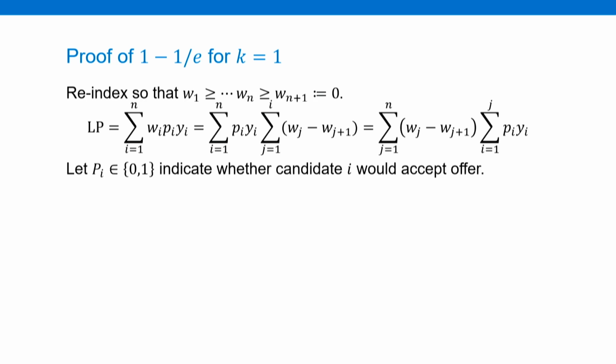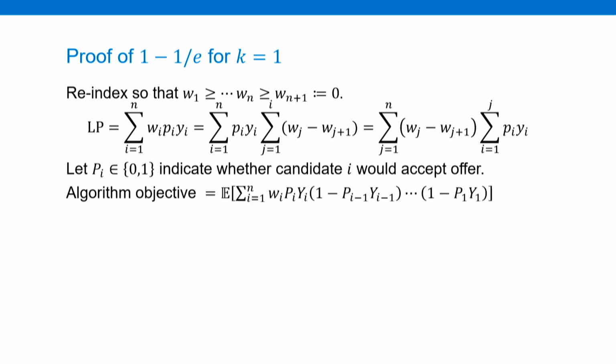Now I'm going to analyze the algorithm and try to compare it to this expression. So I'm going to let pi be the indicator for whether candidate i would accept an offer. I can now write the algorithm's objective like this. So it's more complicated because the algorithm lives in the real world, not the fractional world, where you should think about piyi as a prerequisite to hiring i.